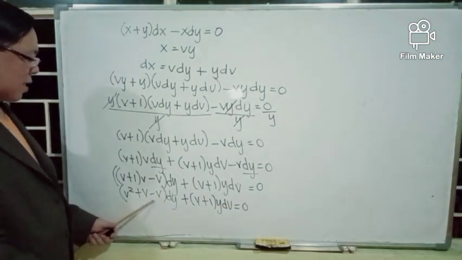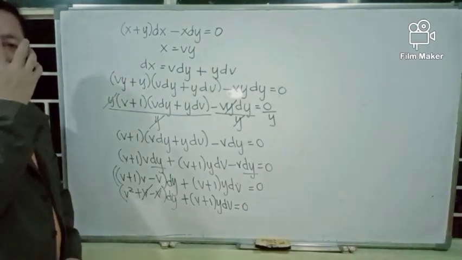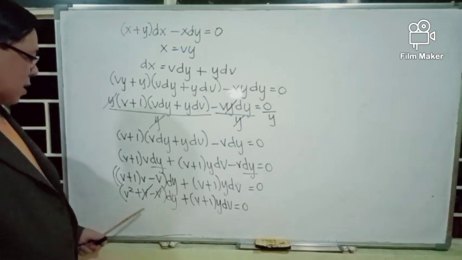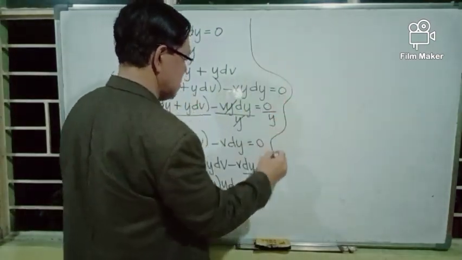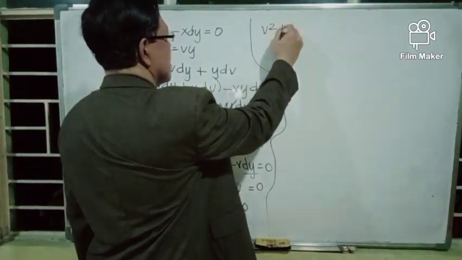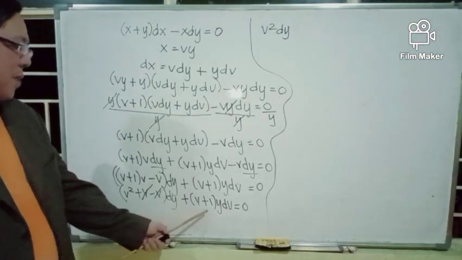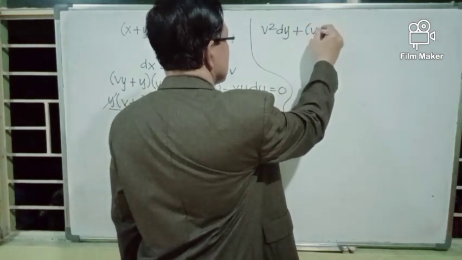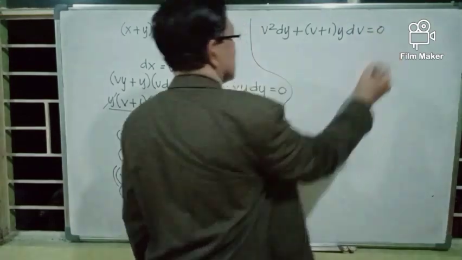And here v minus v will cancel out. They will add up to 0. And we get v squared dy plus v plus 1 y dv equals 0.